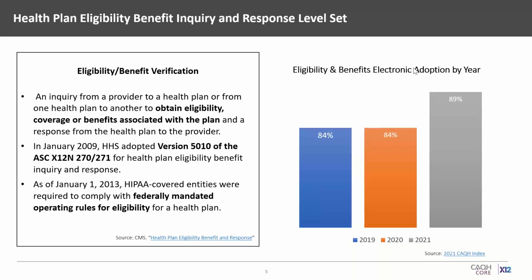However, it is interesting to note that one of the greatest opportunity savings for the industry, as identified in the CAQH Index, is getting that last 11% of eligibility transactions electronic, because the volume of transactions is so high across the industry that that 11% increase would make a significant difference financially across the industry.